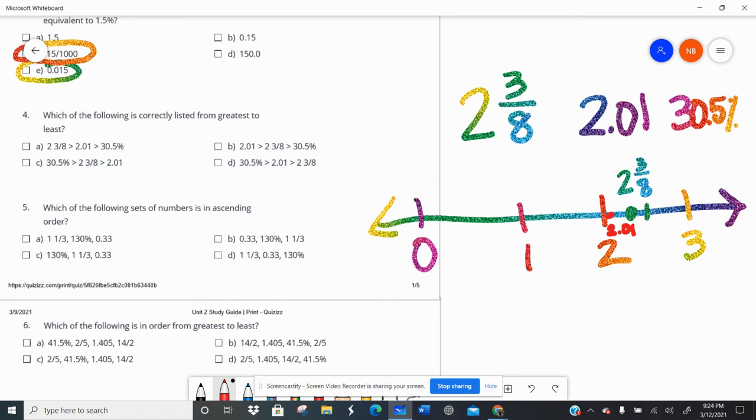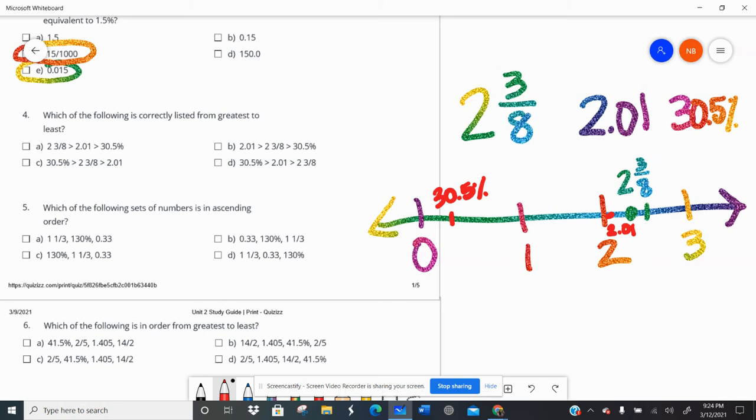If I have 30% of a pizza, that's less than half of a pizza. So 30% is going to be down here. It's going to be closer to the 0, but in between the 0 and the 1. Less than one whole, but a little more than nothing. So if I estimate on the number line where these things would be, it makes them easier to put in order.